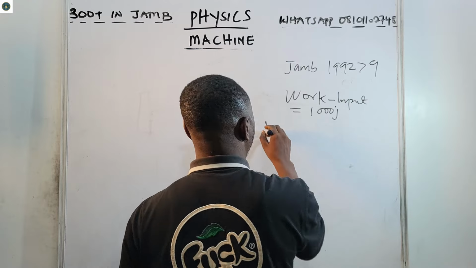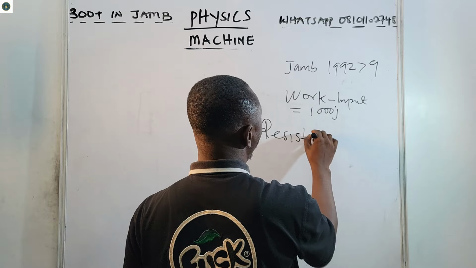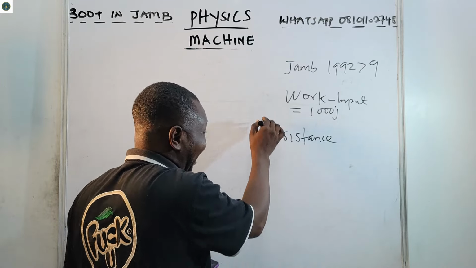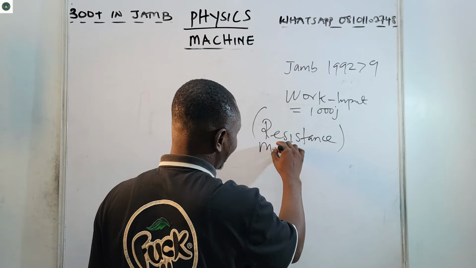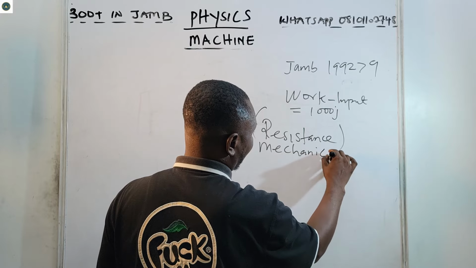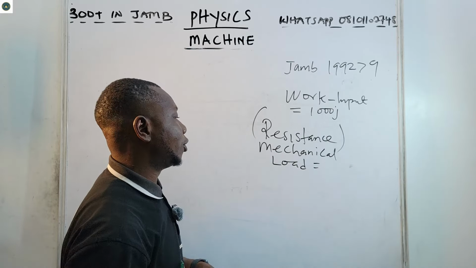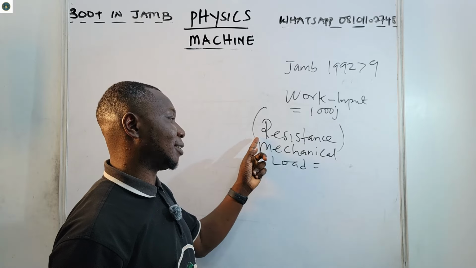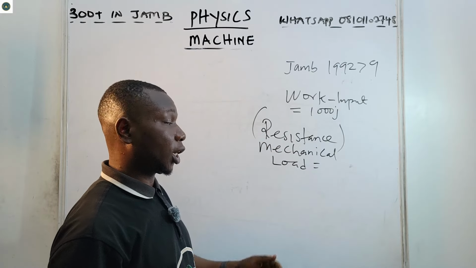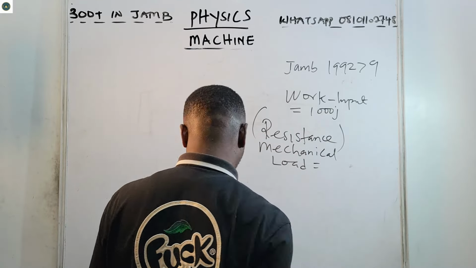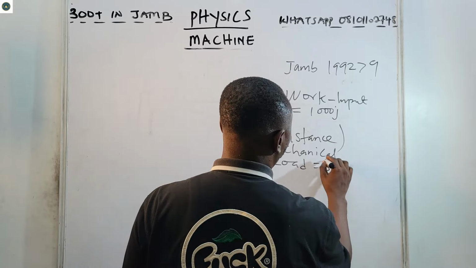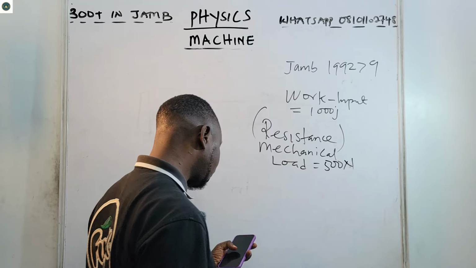So we have resistance. Now, this is a mechanical resistance, which is the load. You might see other statements like resistance or mechanical load. Mechanical resistance is the same thing as load, and that is 500 Newton.